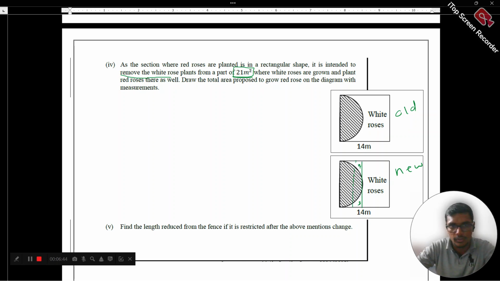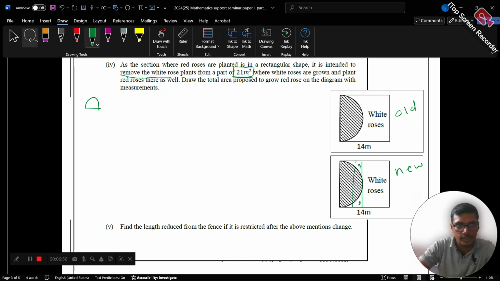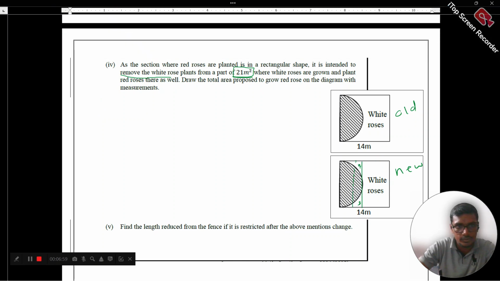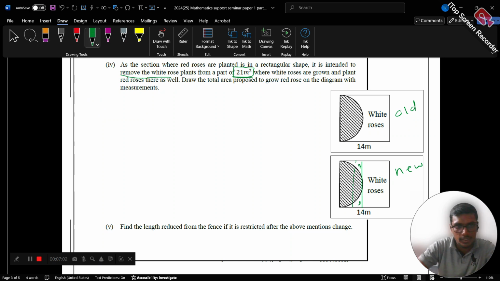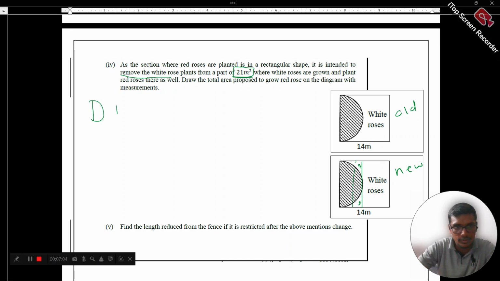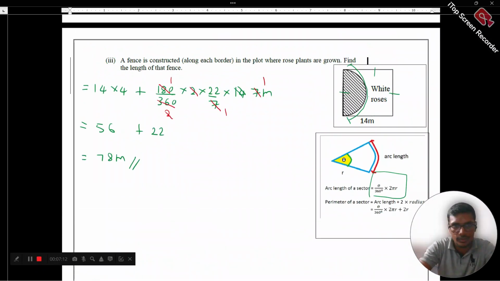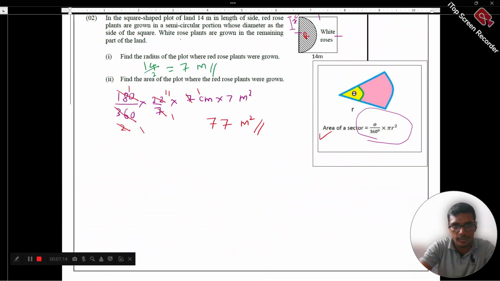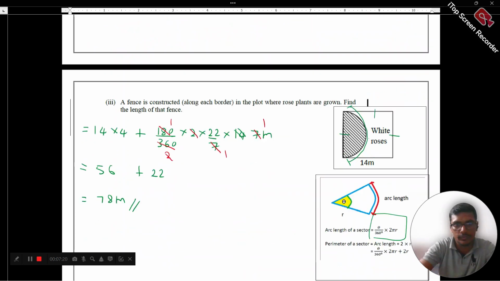Then draw the total area proposed to grow red rose on the diagram. What will be the total area? The existing area of the red rose plus this sector of 21. The existing area we found once is 77, the area of the sector.